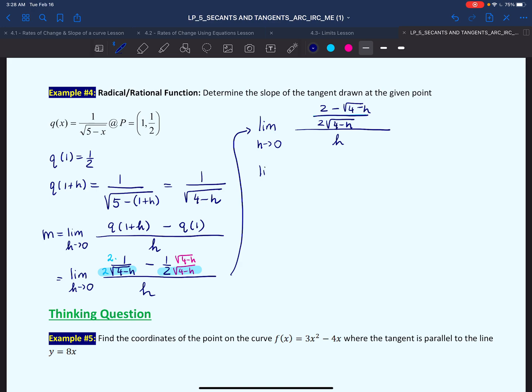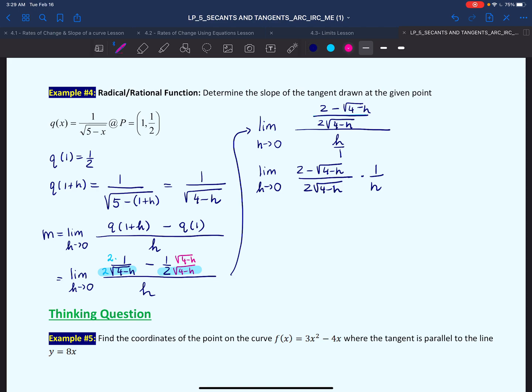So that's the limit as h approaches 0 of 2 minus root of 4 minus h over 2 root 4 minus h, times 1 over h.